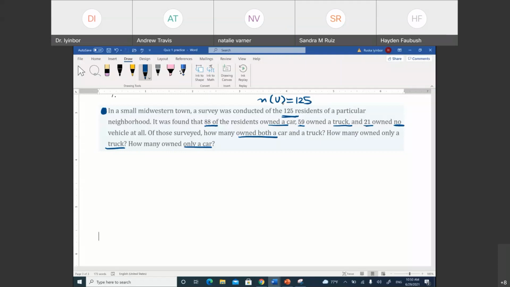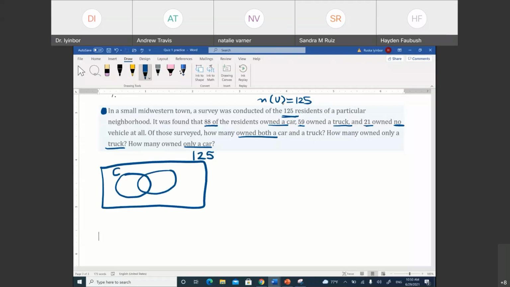And again, you're going to start with the Venn diagram because it's easier that way, right? So the total number is 125 people, the same way as with the chocolate or lollipop on the slides. These are the people who own a car, and these are the people who own a truck. And we have somebody who owns truck and car, both. So 125 is the universal. The number of car owners is 88.